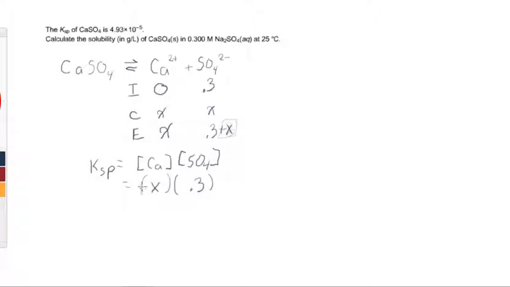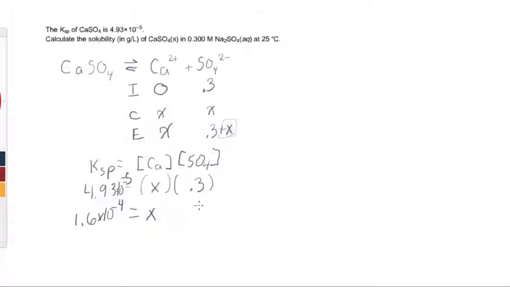We're given the KSP is 4.93 times 10 to the negative 5th. We're going to divide that by 0.3, and we're going to get X equals 1.6 times 10 to the negative 4.